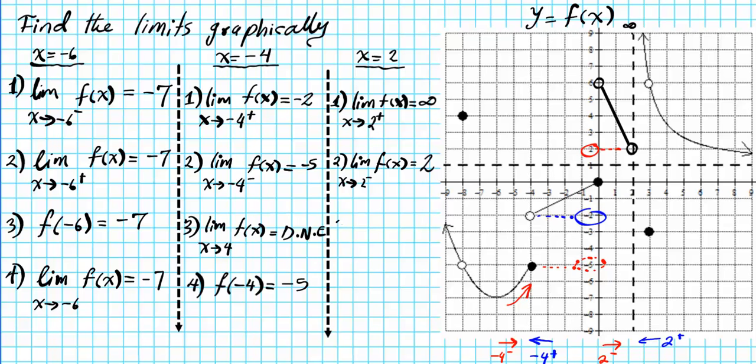Now, question number 3. What is the double-sided limit? The limit as x approaches 2 from both sides of the function. Since the left and right-hand limits are different, the limit does not exist. Question 4, what is the output when x has a value of 2? If you look at it from the right, you have an asymptote.